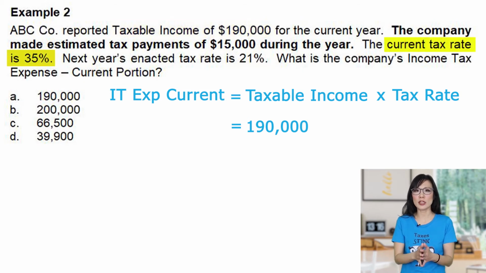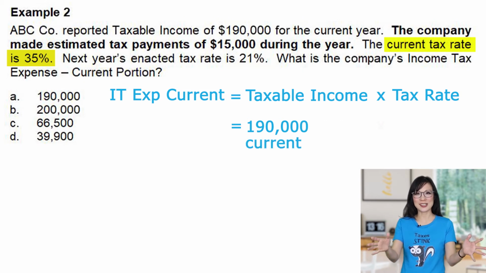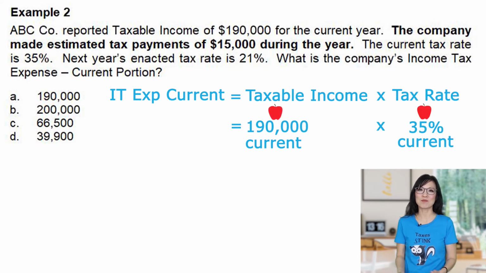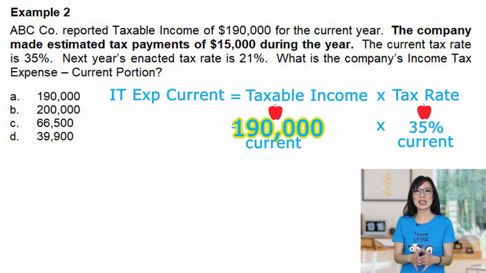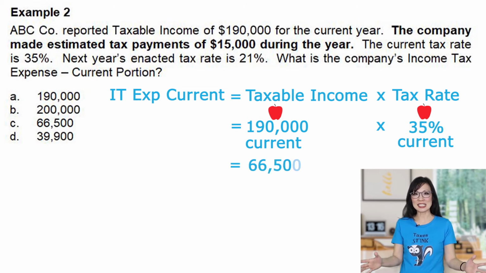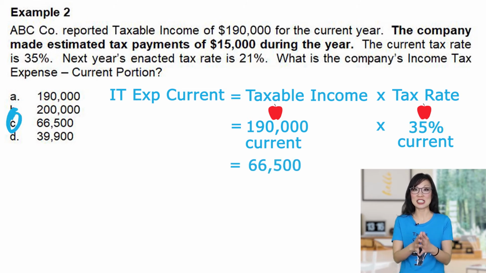Well, we use the current year's taxable income, then we need to use the current year's tax rate, 35%. We want apples and apples, this year's taxable income and this year's tax rate. We have everything in the formula. Let's calculate. 190,000 times 35% equals 66,500. Answer C.